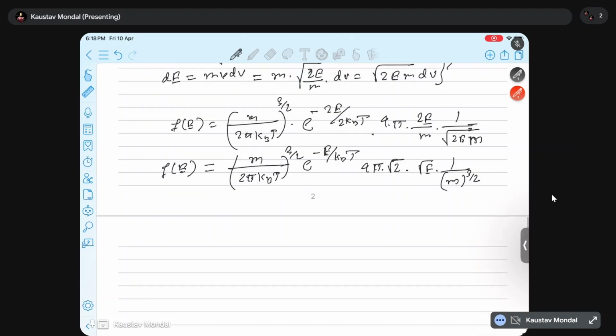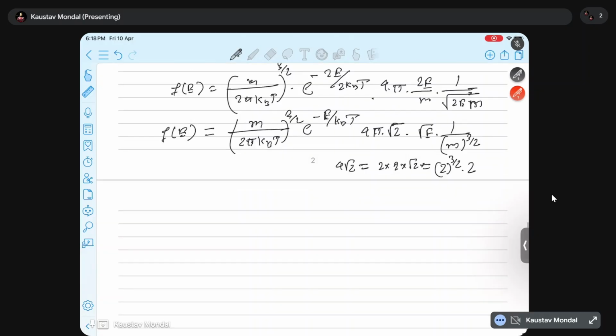And 4 pi we can also write as 2 into root 2 into root 2, so you can write it as 2 to the power 3 by 2 into 2, right? So 2 to the power 3 by 2 is here and also in the denominator, and m to the power 3 by 2 is also there in the denominator. So these 2 to the power 3 by 2 cancel each other, and m to the power 3 by 2 also cancels, right?